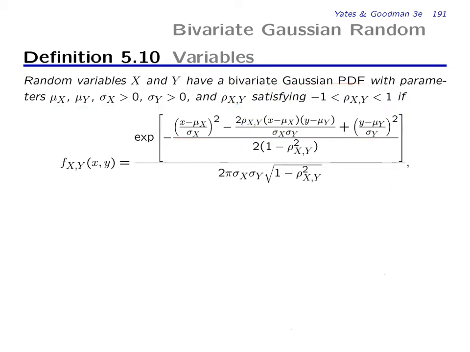For rho not equal to 0, the instructive way to think about this is to look at the case where the PDF is a constant. This occurs when the term in the square brackets equals some constant, say we call it c prime.